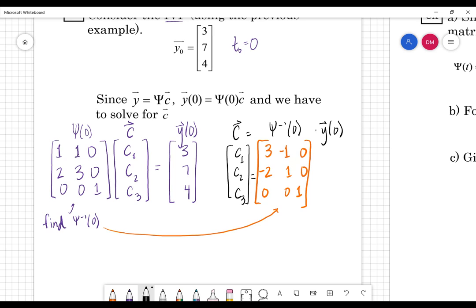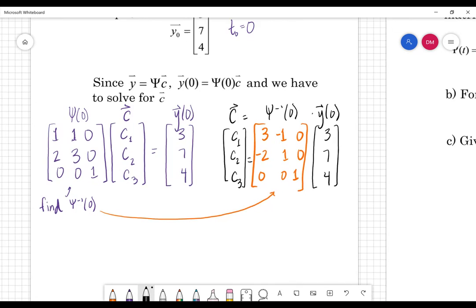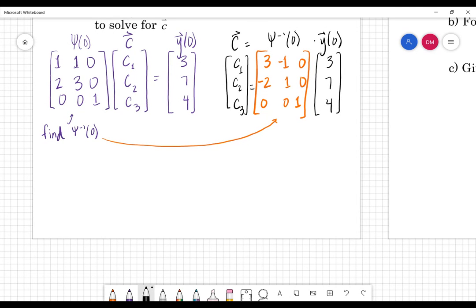And we know that y of 0 is that 374. So essentially, in order to solve for your initial value problem here to get C1, C2, C3, you're just doing a little matrix multiplication. That's really it. If you know how to find the inverse, then that really is the piece that takes the longest.